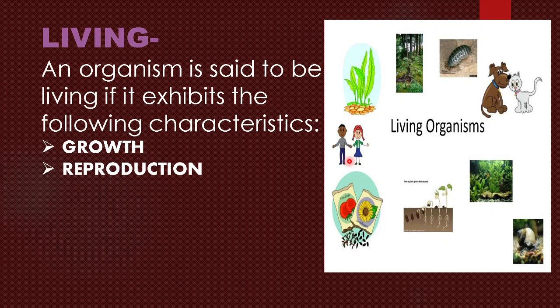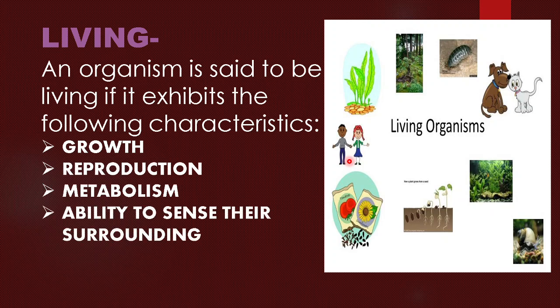Reproduces, we will call it living. Metabolism, which means the different set of chemical reactions occurring in the living system, we will call it to be living. Then also, if it is able to sense its surroundings, what is existing around it, we will call that particular object living.